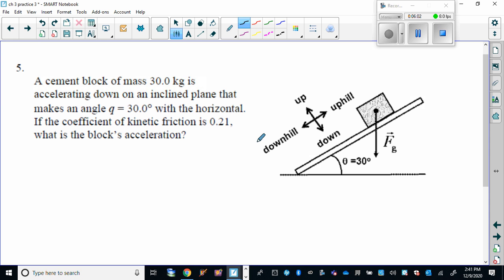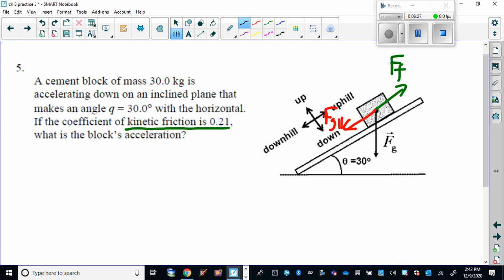So what have we got? It's accelerating down, and therefore what force is pulling it down? You should know from the examples that we've done. Is the force of gravity parallel to the surface that is pulling down the slope? What is pushing it up the slope? Obviously the frictional force, because we're dealing with kinetic friction here.